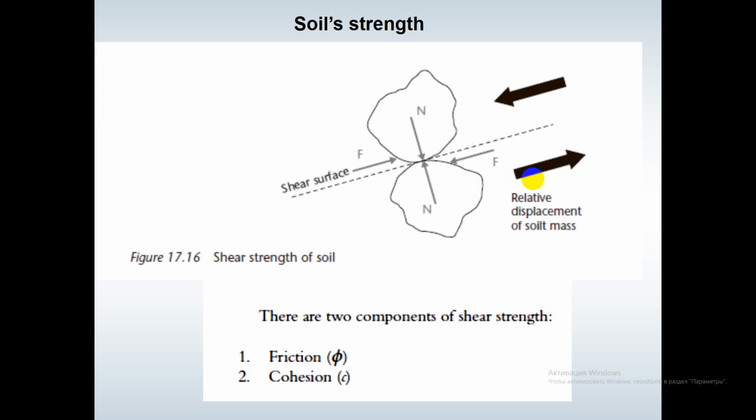When this maximum has been reached, the soil is regarded to have failed. There are two components of shear strength: friction and cohesion. Pore water has no strength.